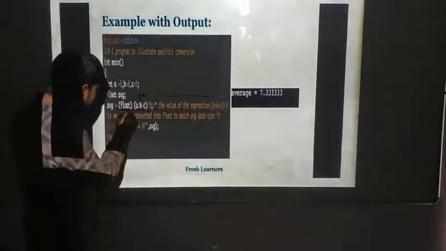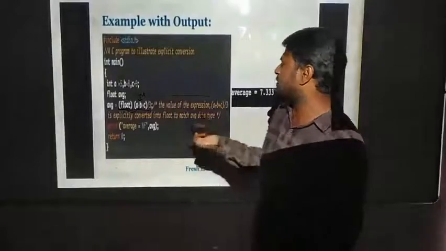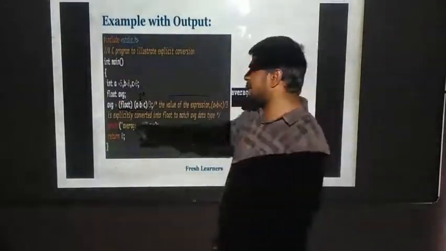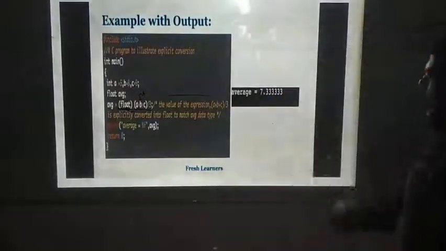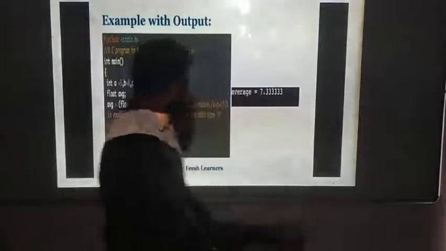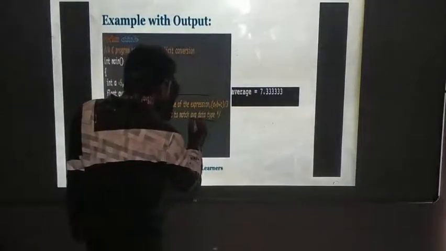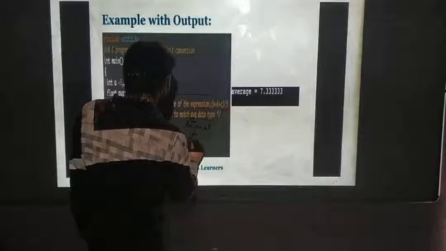But we are converting this into the float data type, because the value we will get will be a float. So the expression a plus b plus c divided by 3 is explicitly converted into float to match the average data type. Average will be in decimal values only, which means float data type.